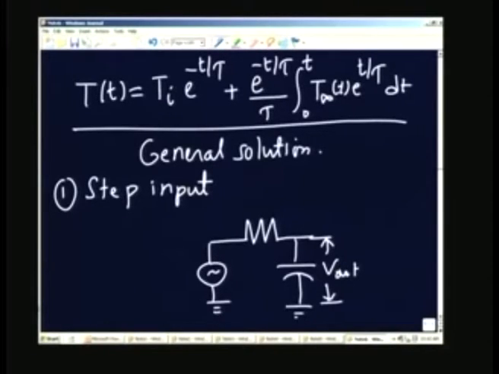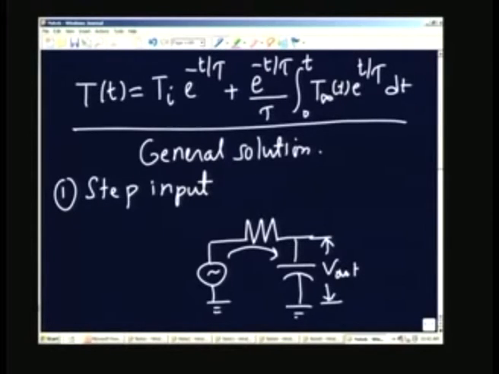So, what initially will happen is, from the battery current will flow through the circuit, and this current flow will be taking place till the capacitance gets charged. Once it gets charged completely, the current will stop. Okay. So, there is the transient. The transient is when the capacitance is getting charged.